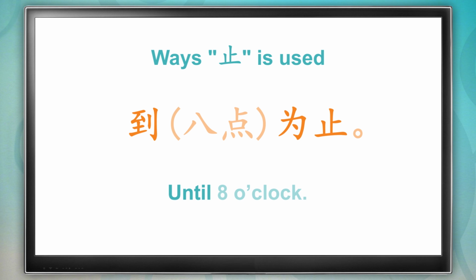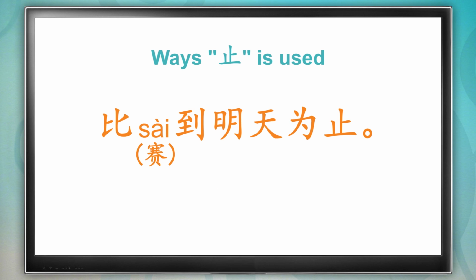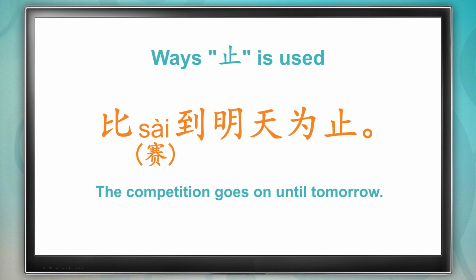For example, you can say, read it with me. 比赛到明天为止. Great! You will learn the character for 赛 later on in this series. This sentence means the competition goes on until tomorrow. 为止 lets us know that tomorrow is kind of a deadline for the competition.